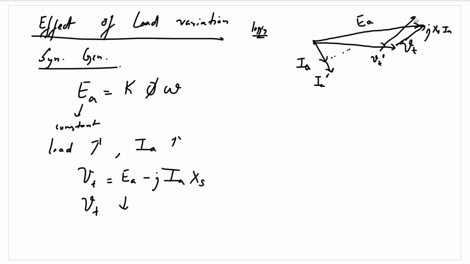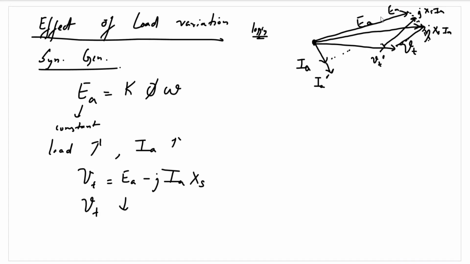j times XS IA will also increase. If we take this as a center and draw a line here, it will be EA dash, where the magnitudes of EA and EA dash are the same, as we have drawn a circular path.